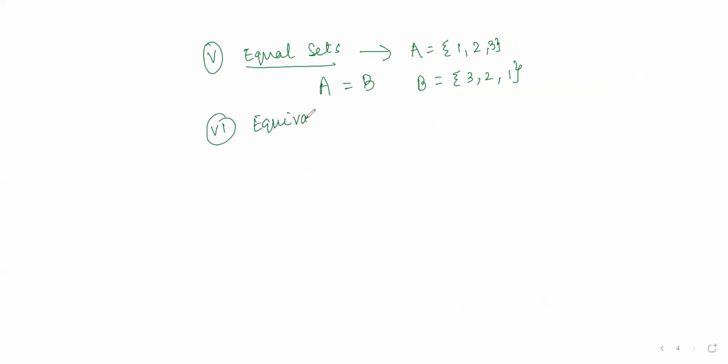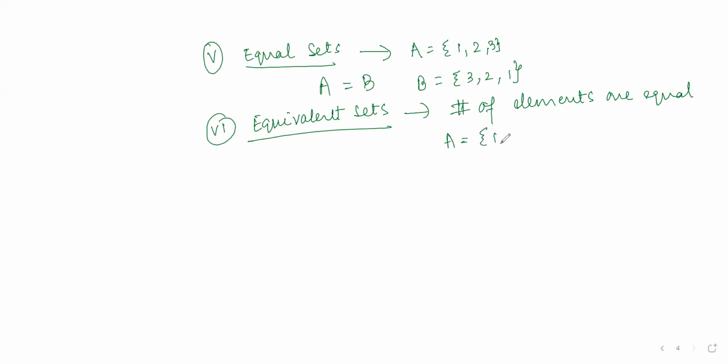Equivalent sets. Equivalent sets are the sets where the number of elements are equal. So if A and B both have 3 elements, let A be 1, 2, 3, let B be 4, 5, 6.